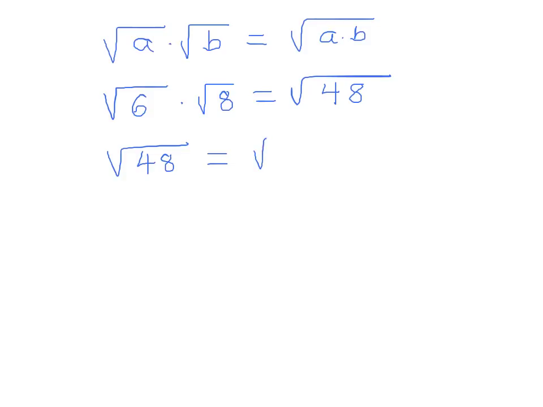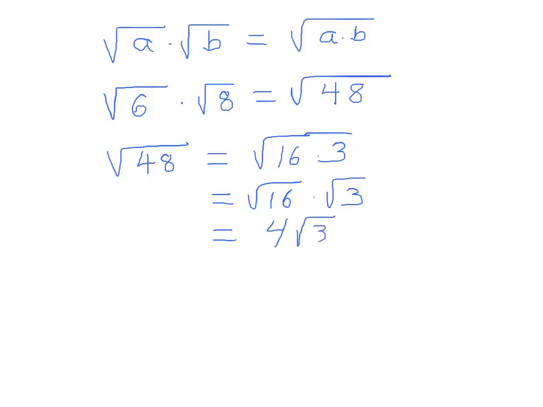So that means I can write it as the square root of 16 times 3 in here like this. And then I can write that as the square root of 16 times the square root of 3, and do those in separate steps and get 4 square root of 3. So this one is in simple radical form now. I just rewrote the square root of 48 in simple radical form.